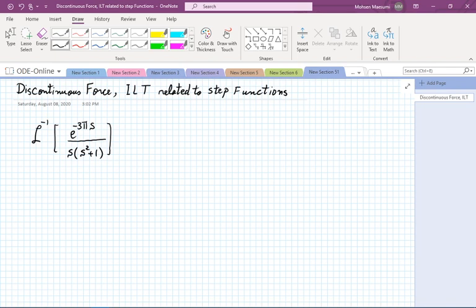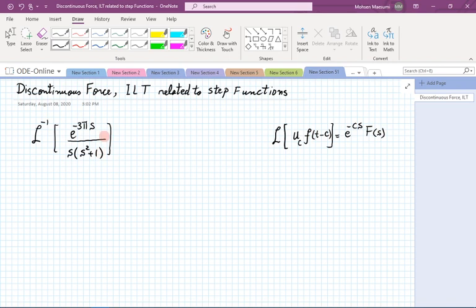It's all built on that very important formula we talked about several times so far: the Laplace transform of a switch function at time c times a function delayed by c seconds is equal to exponential of minus cs times the Laplace transform of the original function f itself without that delay.